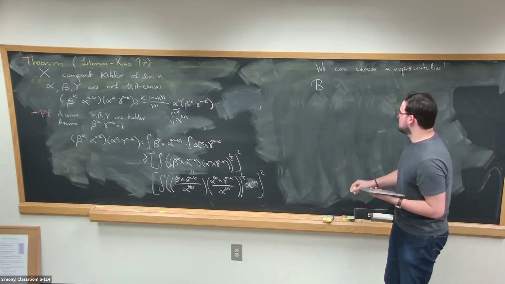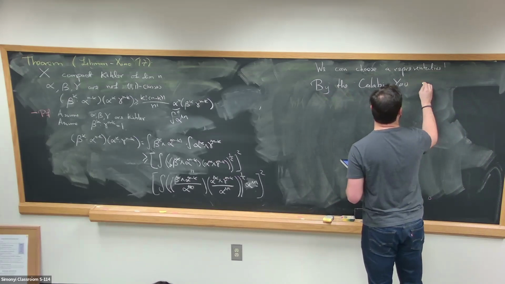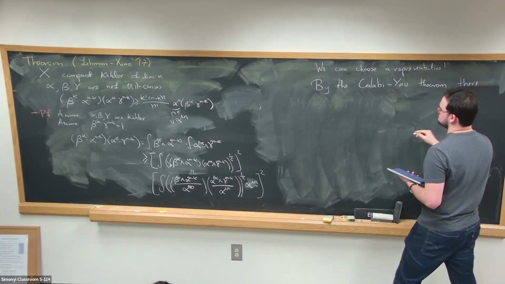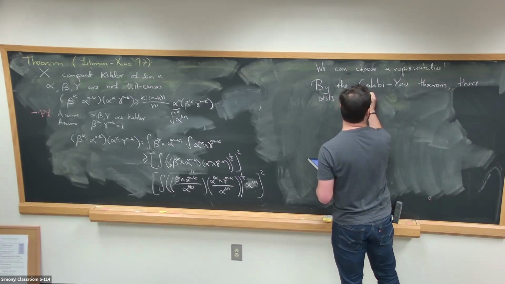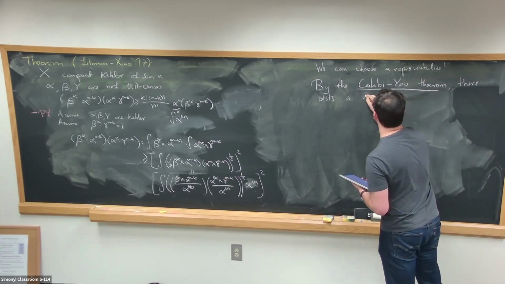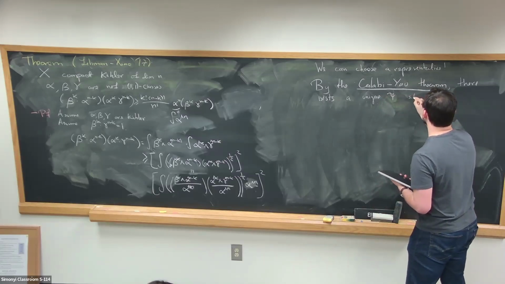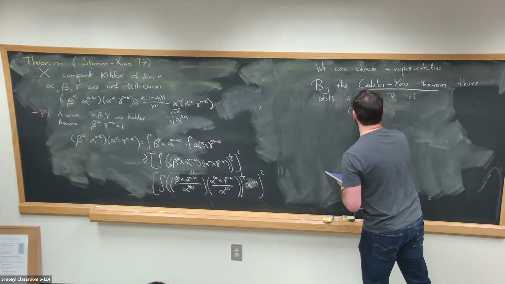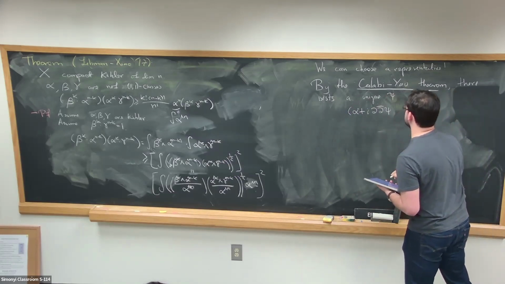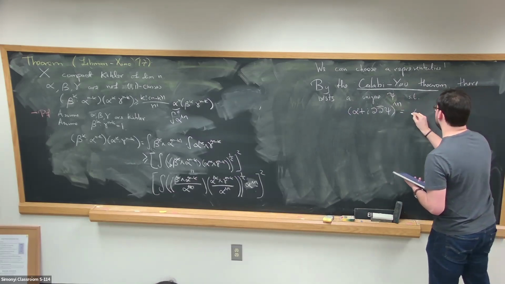Something used to prove this inequality is that by the Calabi-Yau theorem, there exists a unique function psi that is a solution to the following equation: alpha plus i times del del bar psi, all wedged to the n, is equal to alpha to the n.